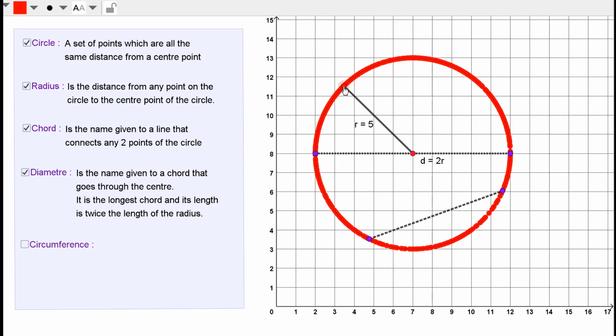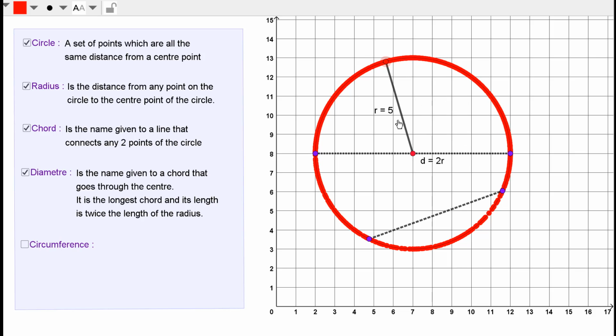So let's look at that. Here's my radius. From the center out to the left, you can see that my radius is 5 units long. And if we look at my diameter from the center to the right, it's also 5 units long. So can you see the way there the diameter is the same as 2 radiuses?